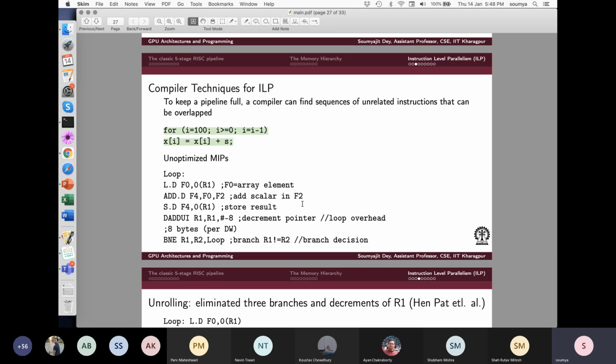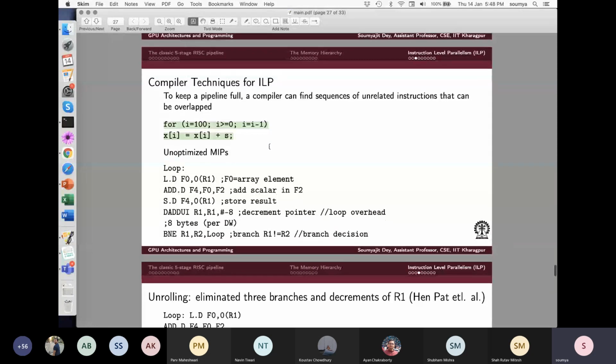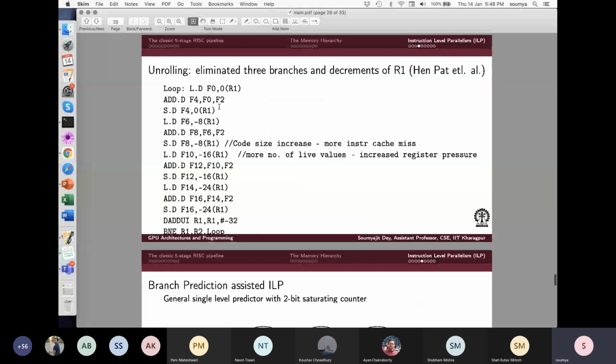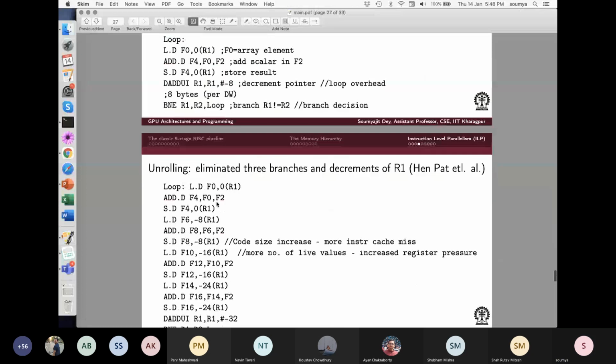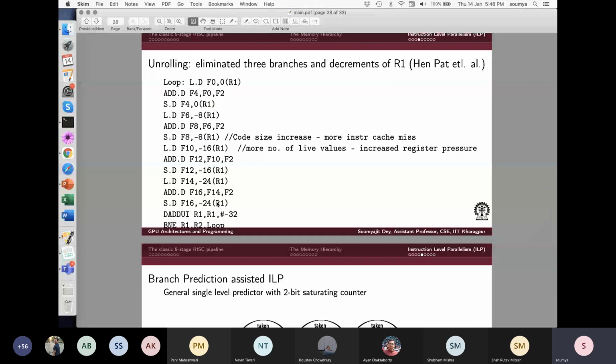Now, if I unroll, then I definitely lose out on the entire advantage, because for doing a simple functionality, I have to have so much assembly. These are four levels of unrolling, as you can see here, right? I am decreasing the overhead, but the code size increases. What is the problem with code size increase? I have to make more use of extra registers here, right?